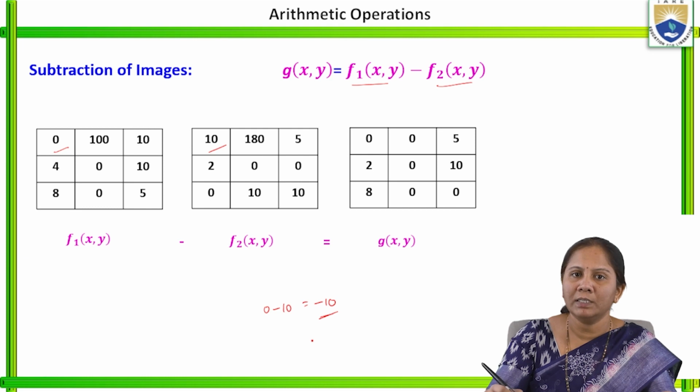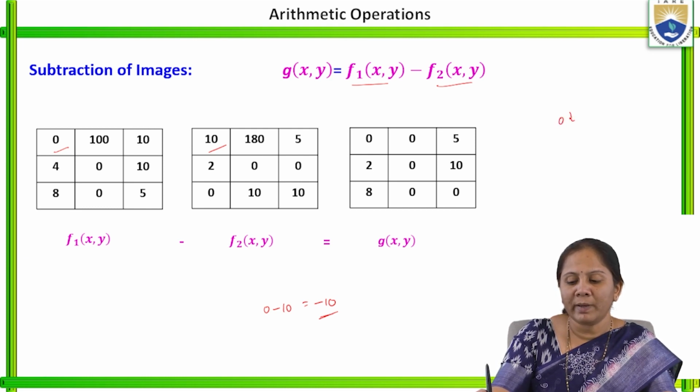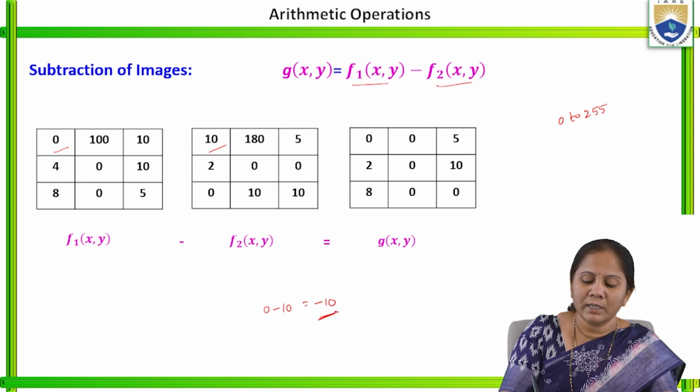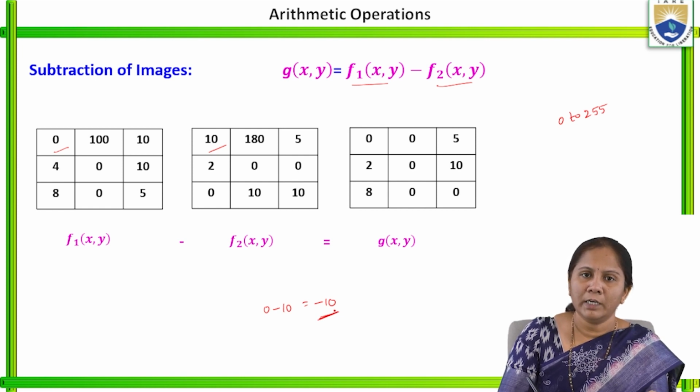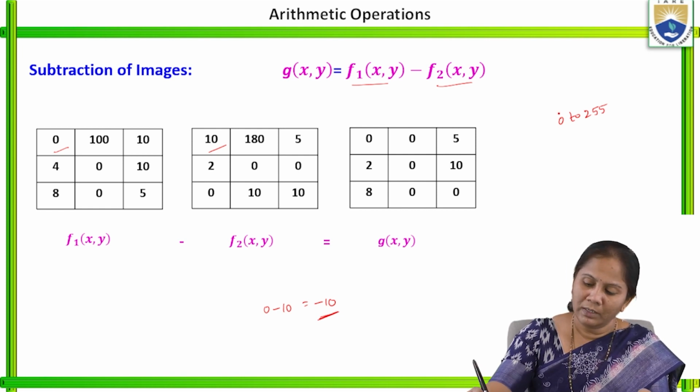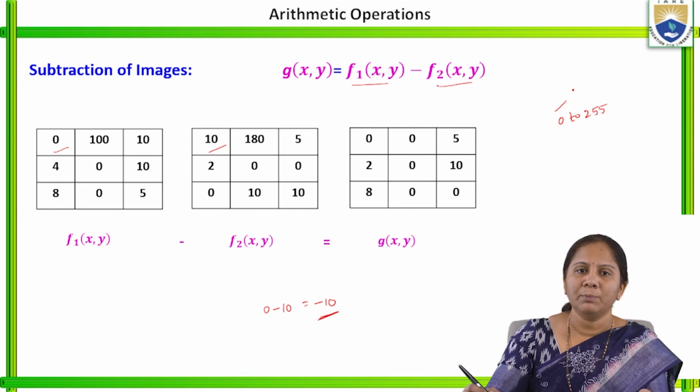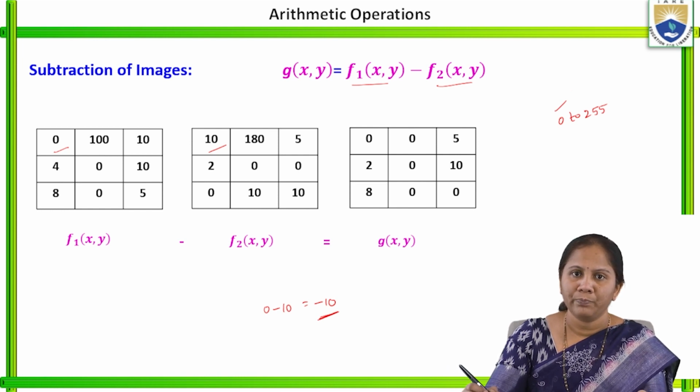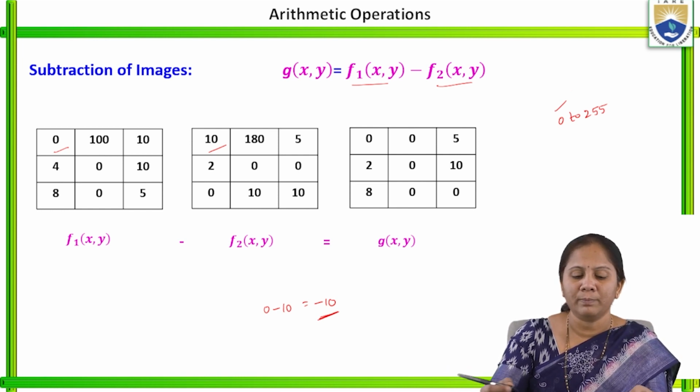As we have considered in this example an 8-bit gray level image, the levels will be a maximum of 255 and a minimum of 0. So in case we get any negative values like this, we will consider it as the minimum value, that is 0. All these are the rules we have to apply while performing subtraction of images.